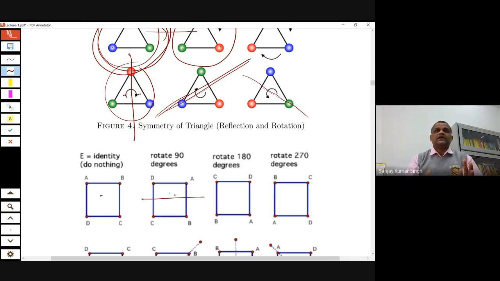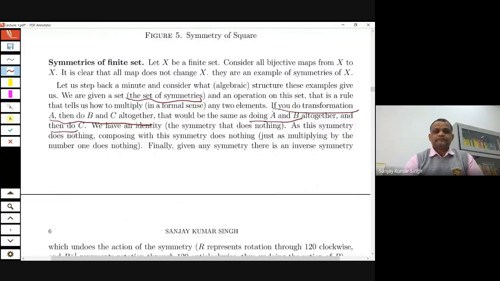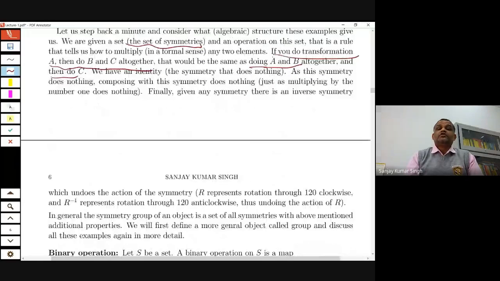If I am rotating by alpha degrees clockwise, then I can rotate it anti-clockwise by alpha degrees, and I will get the identity, whatever I start with. So this set motivates us to consider a set with some nice properties, and that we are going to call a group.